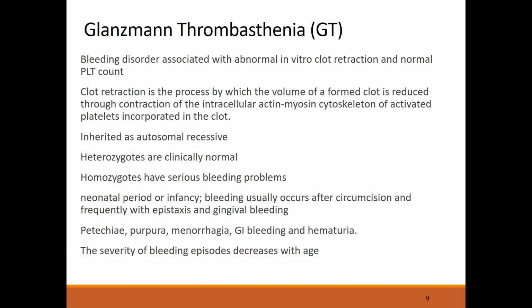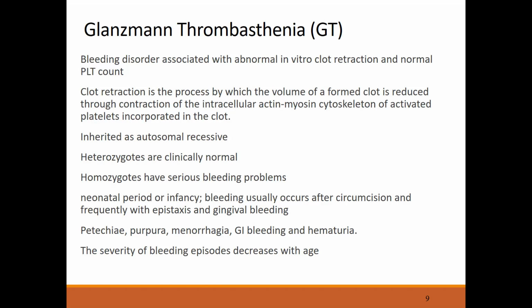So what's clot retraction? Clot retraction is the process by which the volume of a formed clot is reduced through the contraction of the intracellular actin-myosin cytoskeleton of activated platelets incorporated in the clot.